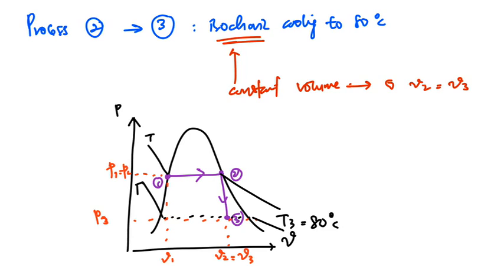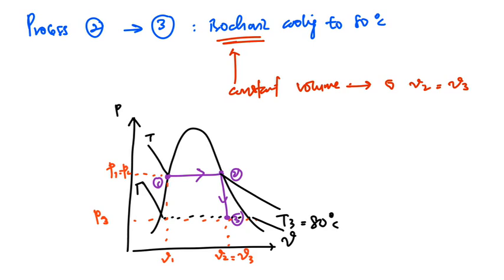Okay, next process 2 to 3, which is isochoric cooling to 80 degrees C. From this description, we know that isochoric is constant volume, meaning V2 equals V3.